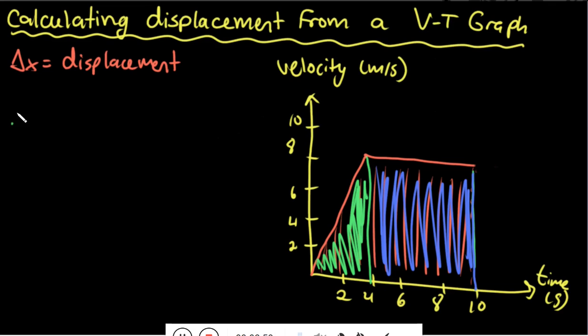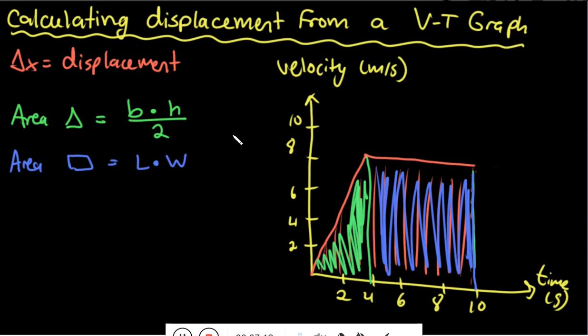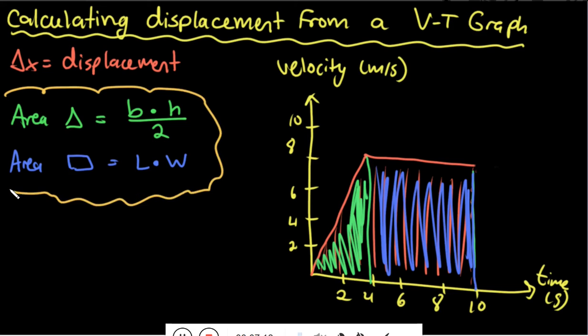The first one is the area of a triangle, and that is your base times your height divided by 2. Last is the area of a rectangle or a square, either way. The area of a rectangle is your length times your width. So these are some very important formulas that we need to remember.